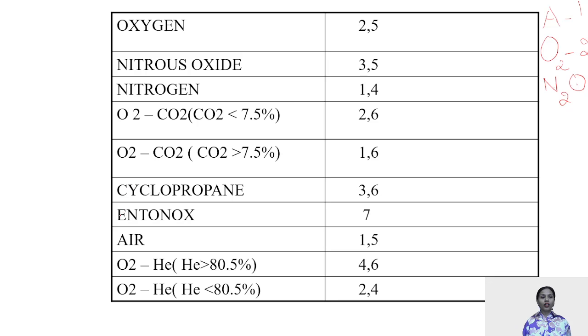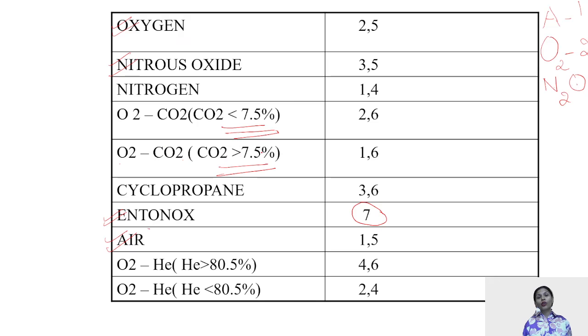Moving forward now, Entonox. Entonox is 7 only. Entonox is only 7 which is present at the center. Done with oxygen, nitrous oxide, Entonox and air. Then we come to certain combinations like oxygen with CO2 which is less than 7.5% and oxygen with CO2 which is more than 7.5%.